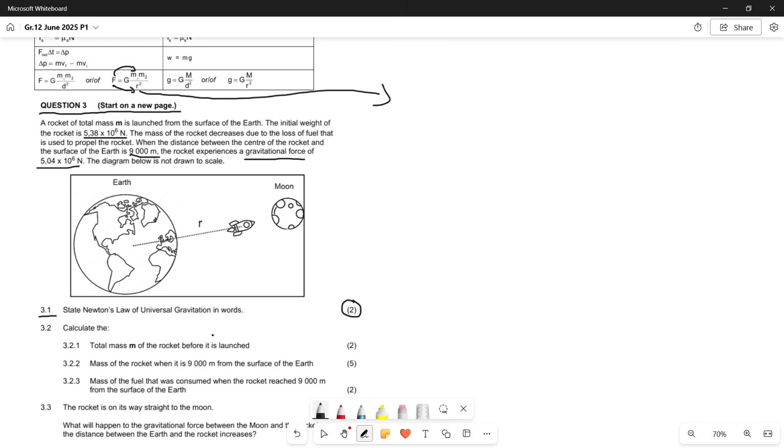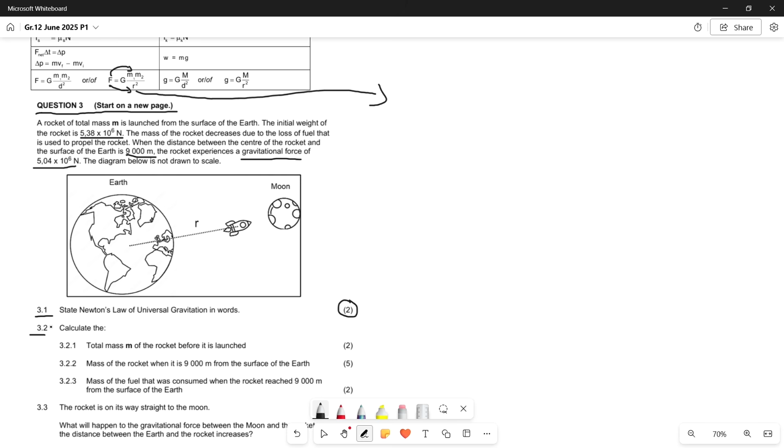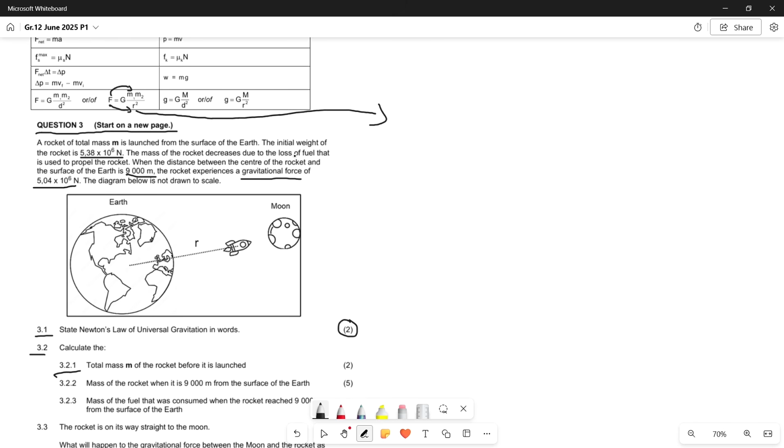And then from there, 3.2, it says calculate the 3.2.1 total mass m of the rocket before it launched. So the initial weight of the rocket is 5.38 times 10 to the 6 newtons, which means the mass has to do with this. Before it launched means that it was on Earth as well. So that is pretty good for us, which means we can just go ahead and use our W equals mg or our Fg equals mg, which means its weight was 5.38 times 10 to the 6.